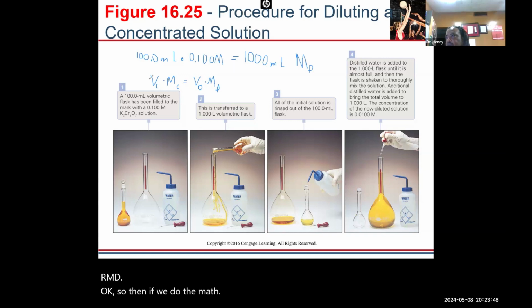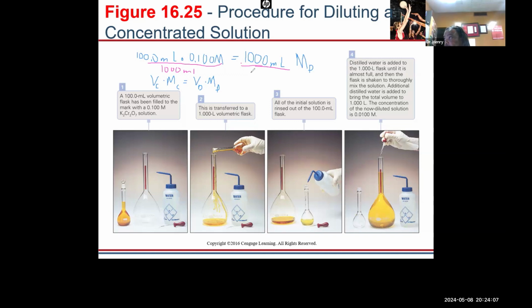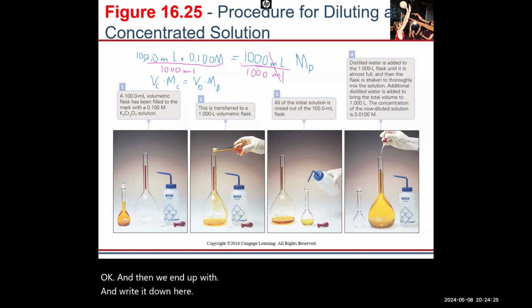We're going to divide both sides by 1,000 so that we can get M alone. Okay, and then we end up with, I'm going to write it down here, point zero zero one.